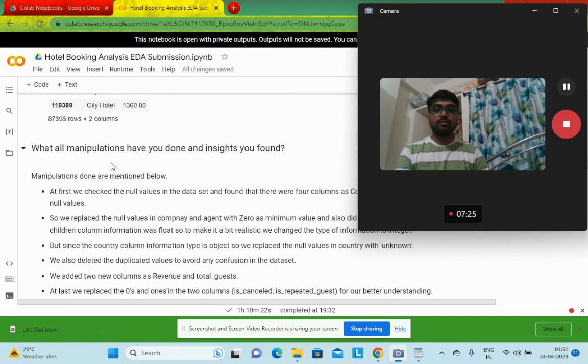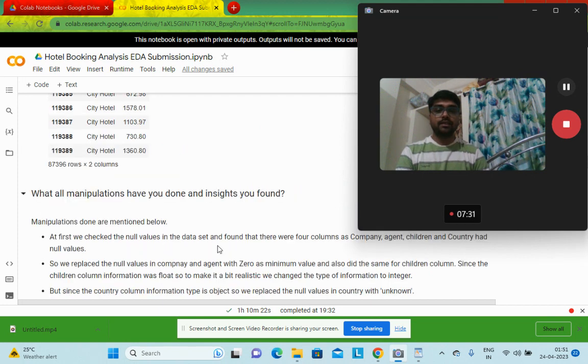Next, what manipulations have you done and what insights did you find? At first, we checked the null values in the data set and found that there were four columns, company, agent, children, and country, which had null values. So we replaced the null values in company and agent with zero as the minimum value, and did the same for the children column.